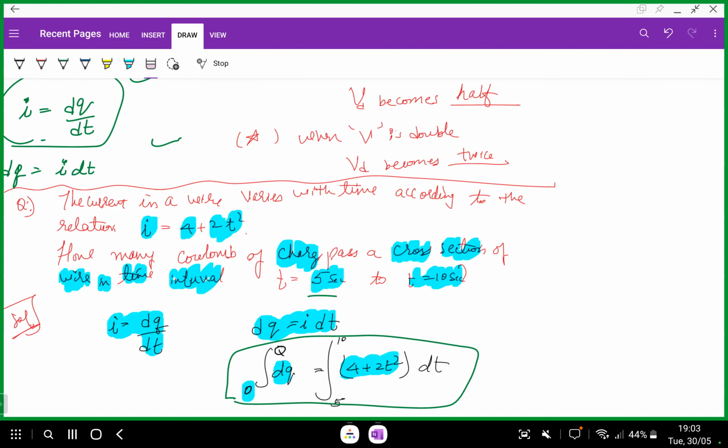Do you know how to integrate this? Ajay, do you know how to integrate? No? Okay. What about Laukya? Samhita?